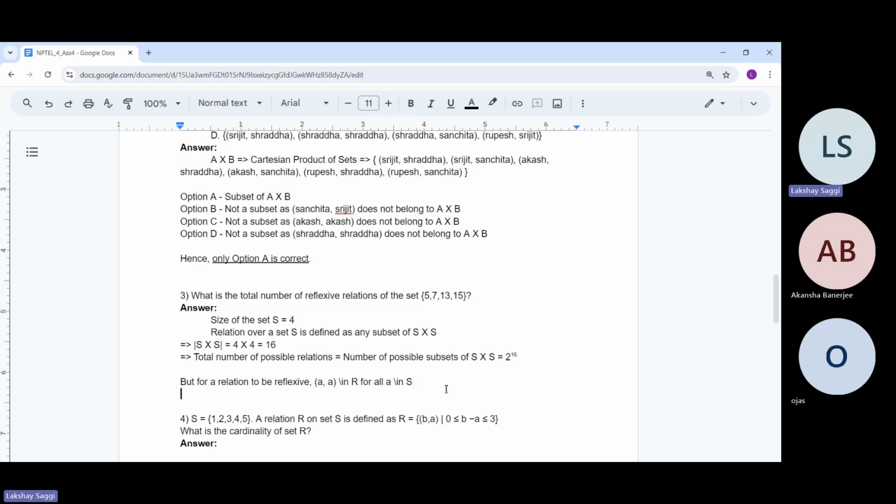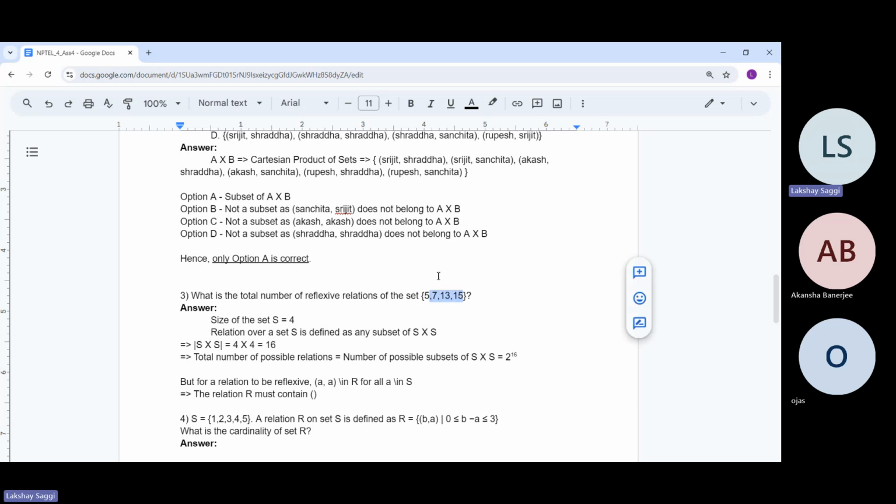So what does this mean? The relation R must contain certain elements. What elements must be contained in R? The set S contains 4 elements: 5, 7, 13, 15.